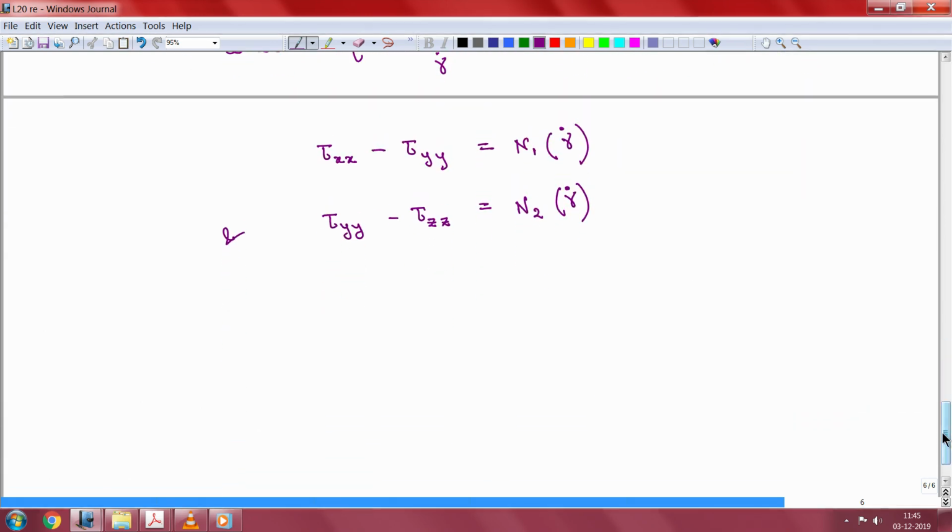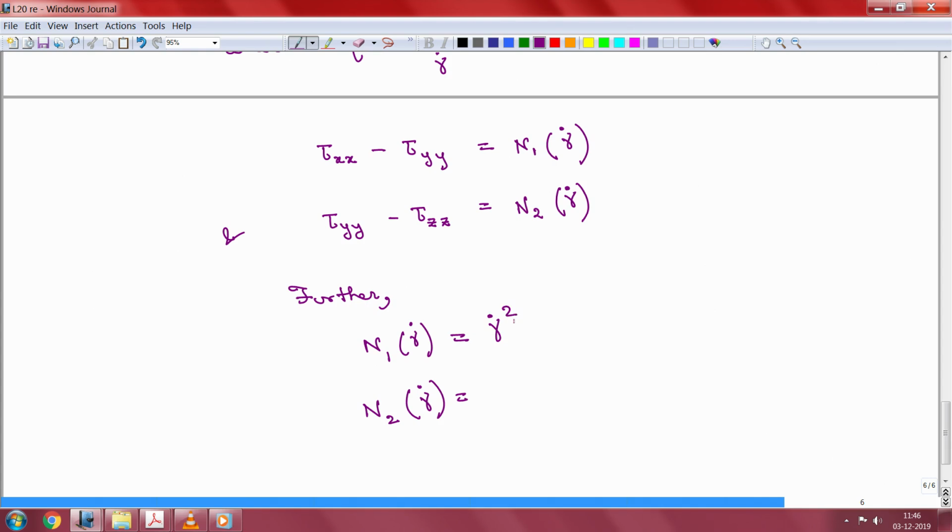Because of this particular functional form, once you have made the observation that n1 and n2 must be even functions, you can write them further as n1 of gamma dot, and I will write both of these together because they are actually the exact same expression. So, it is an even function.